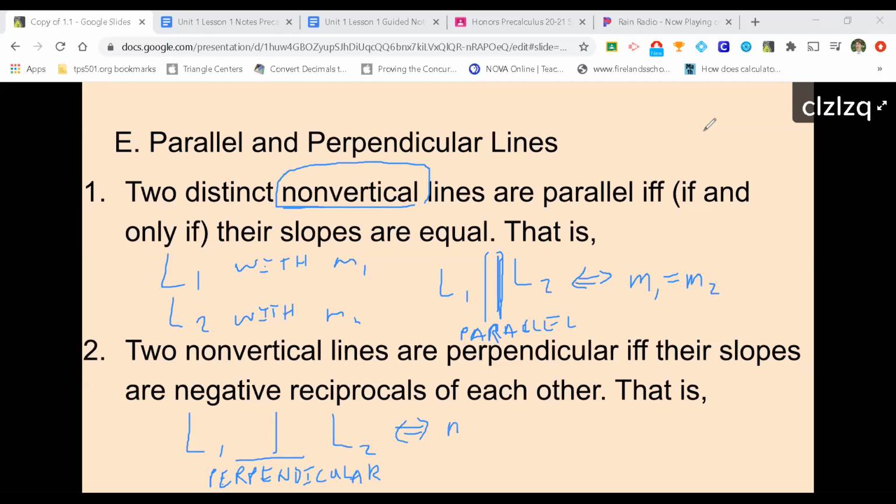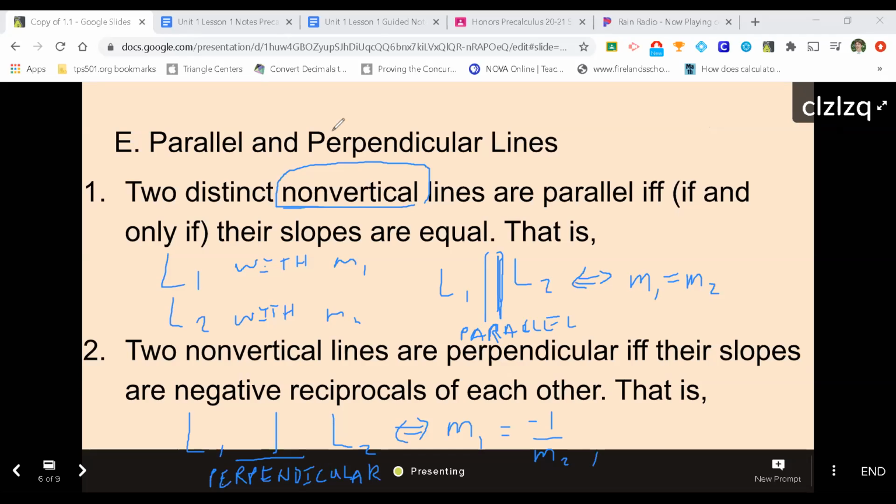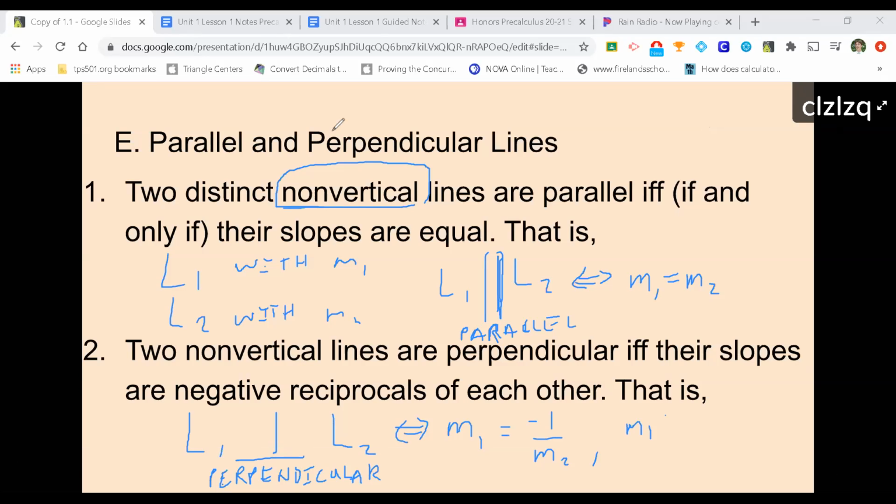That means the slope M1 is equal to -1 over M2. Another way you could write that is that the two slopes multiplied together would equal -1. For example, if slope 1 was 2/3, then slope 2 would be -3/2.